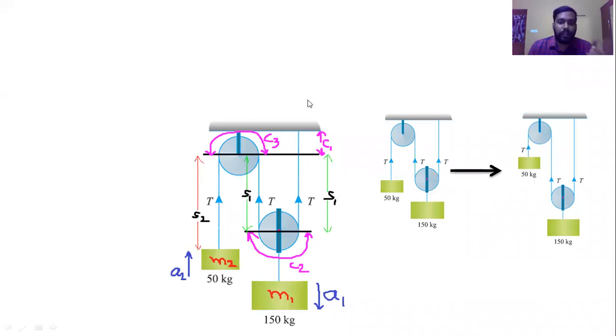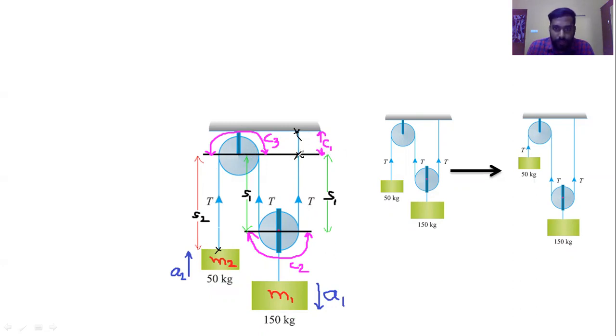I have shown it in a little more detail. So in this case, this is the total length of the string. So from here to here is the total length of the string. So I will split it into portions. The first one, here to here, is a center line passing through the fixed pulley.